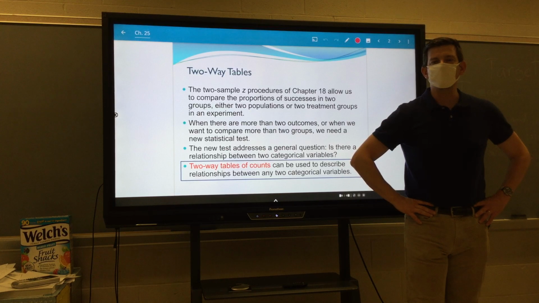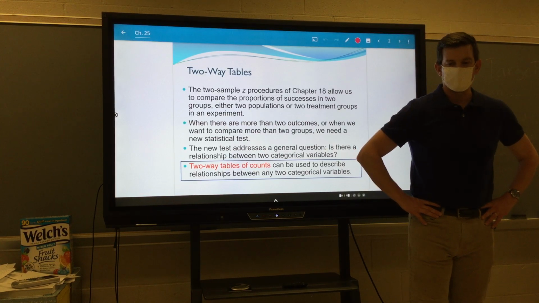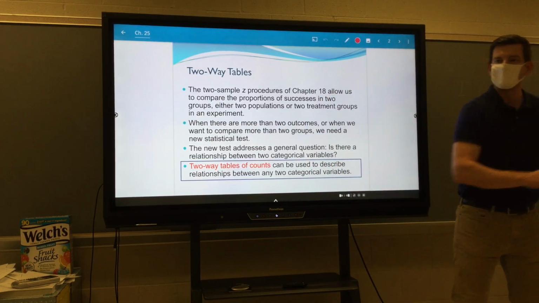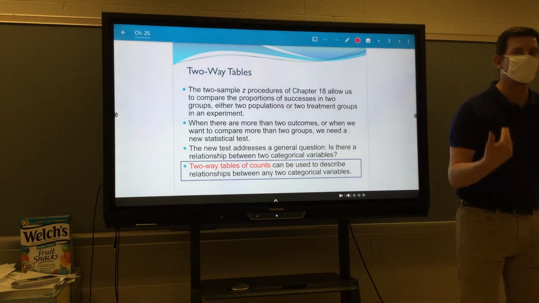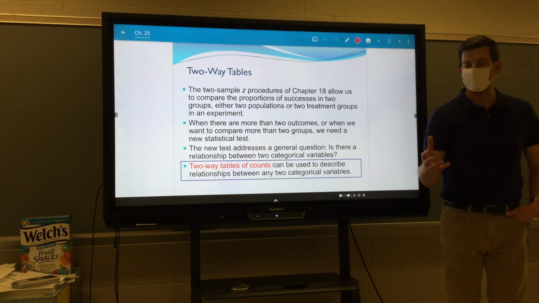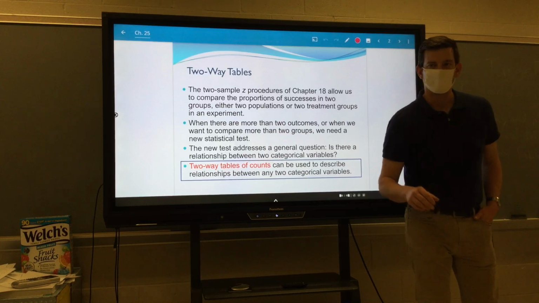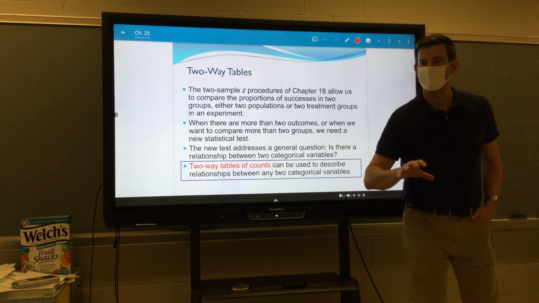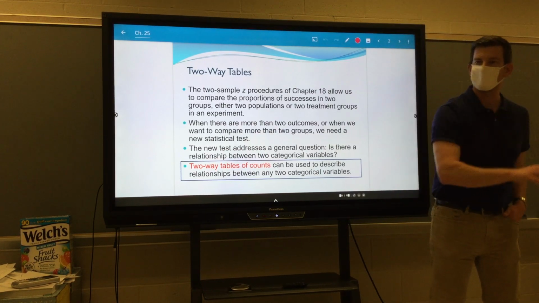But what if those classifications are too broad? What if you wanted to know how 20-year-olds feel about this? 30-year-olds, 40-year-olds, 50-year-olds, 60-year-olds? Because maybe illustrating that change over time can be very important. Well, if you were to do that as a z-test, then you have 20-year-olds compared to 30-year-olds, and 20-year-olds compared to 40-year-olds, and 20-year-olds compared to 50-year-olds, and 30 compared to 40, and 30 compared to 50, and 30 compared to 60.